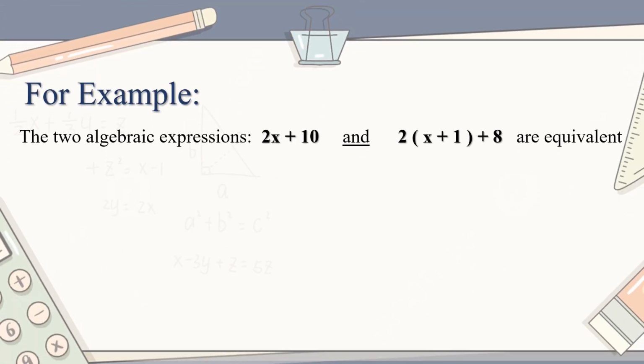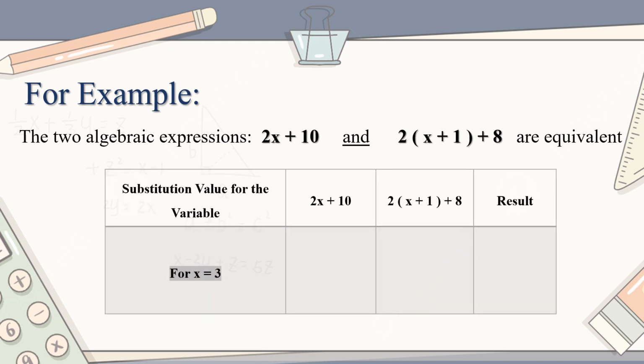And now let's check if we change the value of x to x equals 3, whether the result will be the same or not. If we replace the x with 3, we will get 2 times 3 equals 6, plus 10 equals 16.